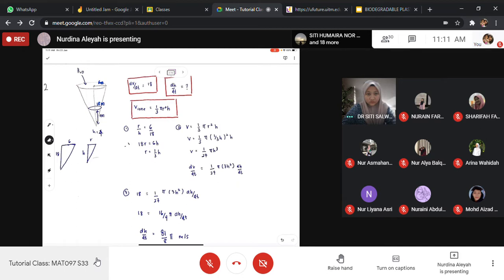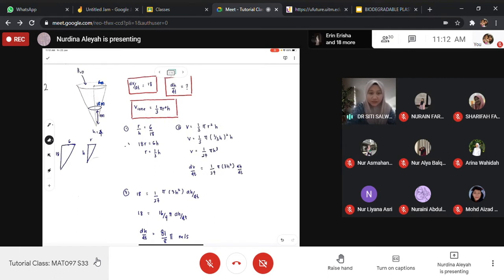Okay, and then is equal to yang kita dapat tu, volume of cone tu. Okay, and then bila sekarang ni kita nak cari dH over dt je yang tak ada, and then gerak-gerakkan, bawa pergi sini, and then dH over dt is equal to 81 over 8 pi. Okay, dH over dt 81 over 8 pi meter per second.